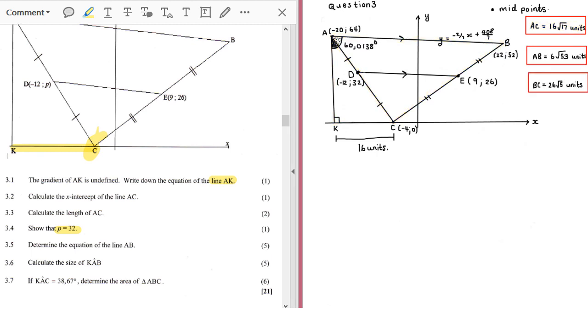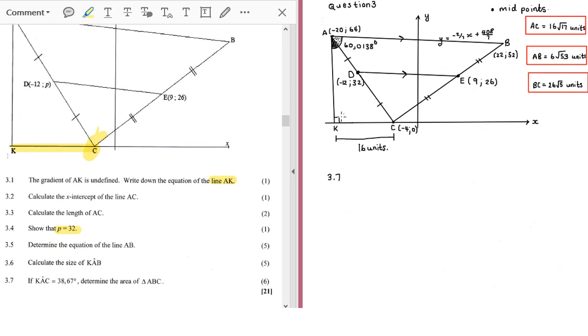Right, so then going for the last question, question 3.7. They say if angle KAC is equal to 38.67 degrees, determine the area of the triangle ABC.